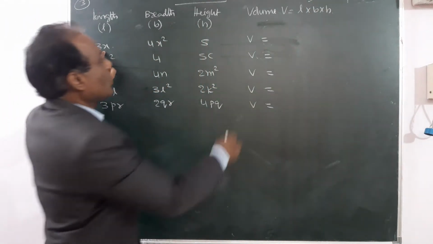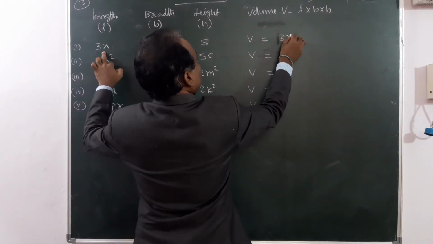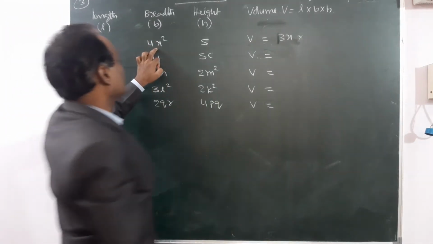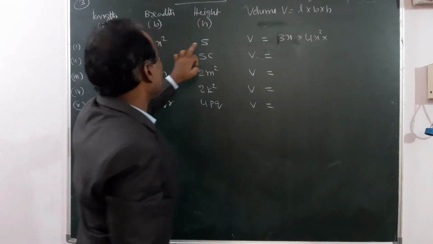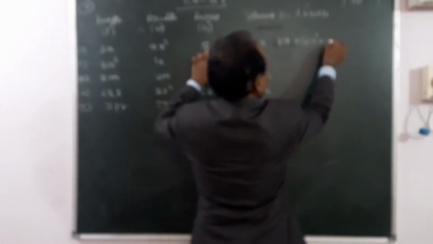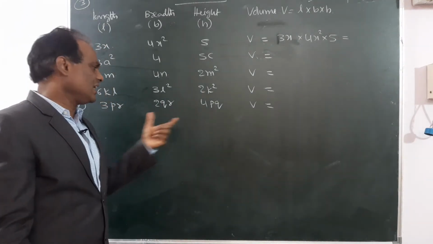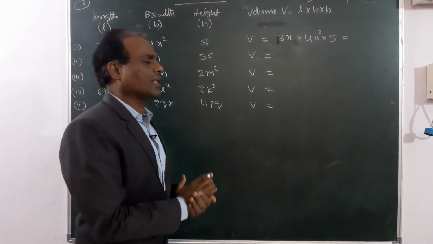Volume is length 3x into breadth 4x square into height 5. What is the answer? I solved many examples on this model.